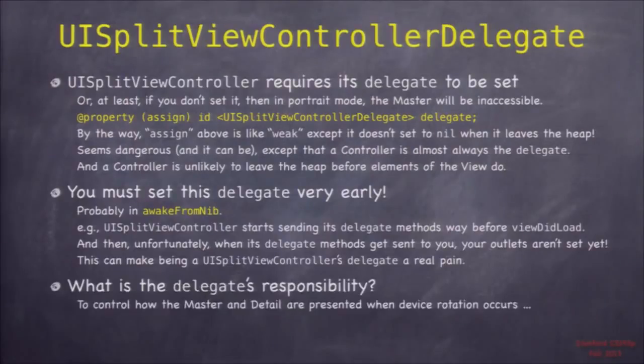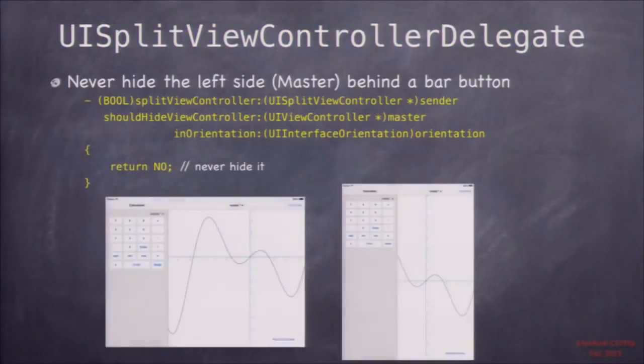Fortunately, it only has one simple responsibility, which is to control when the master and the detail appear in the landscape versus portrait modes. So you implement this method. This is kind of the gateway split view controller delegate method called splitViewController:shouldHideViewController:inOrientation:. And it's going to ask you in landscape or in portrait, should I hide the master?